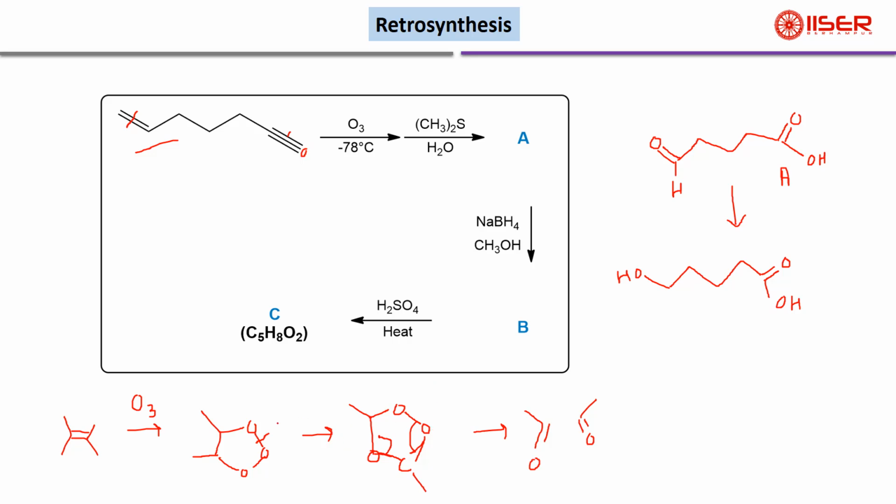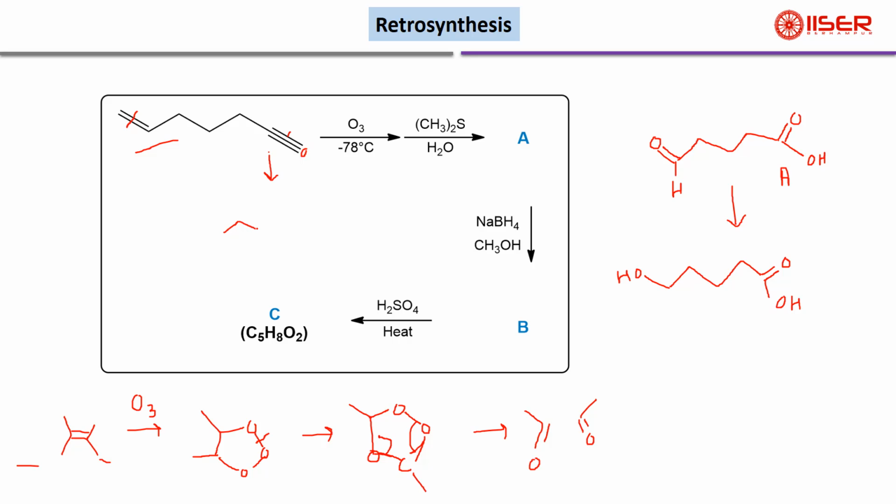But in case of an alkyne, first just consider it like a cleavage of one double bond. Suppose cleavage of one double bond. Then what will it give?